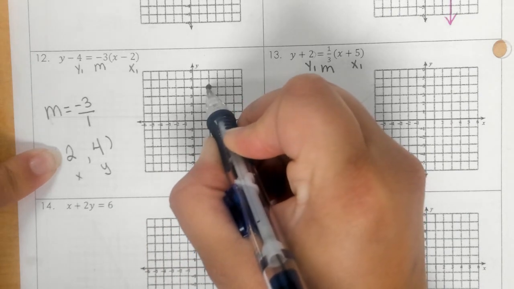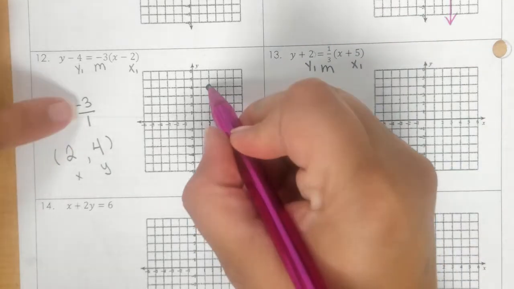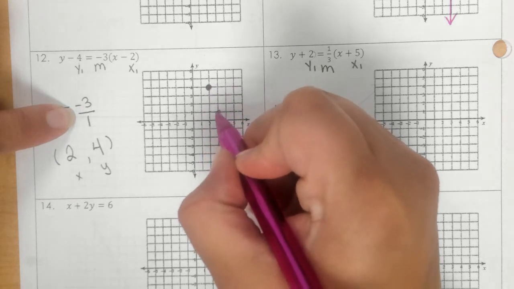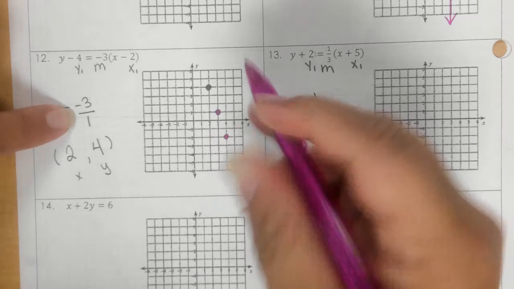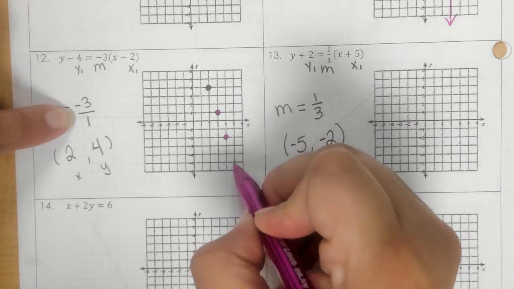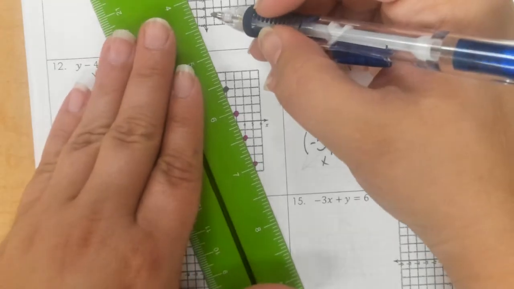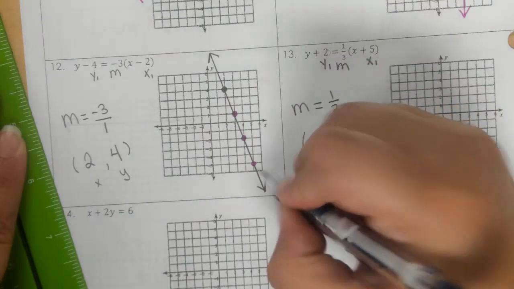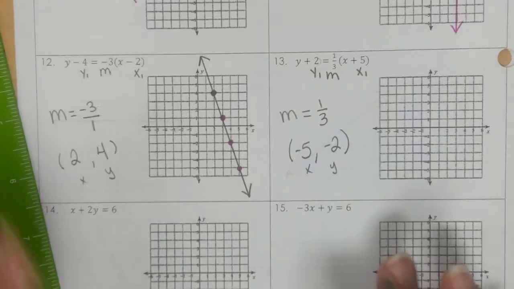Okay, and then from that point, I need to do my slope, which is -3/1. So I'm going to count down 3, right 1. Down 3, right 1. And I can do it one more time, down 3, right 1. Okay, so the pencil dot is my starting point, x and then y, and then the pink dots are my slopes.